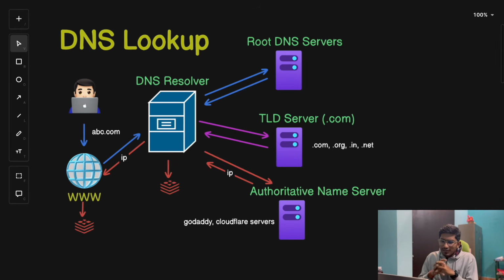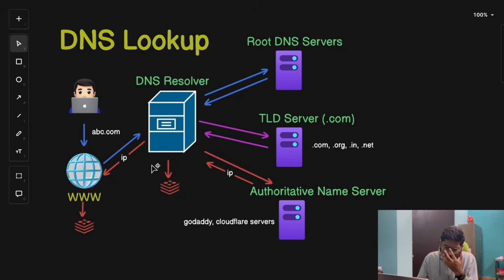To make DNS faster, caching is critical. Imagine asking the same question repeatedly, right? It's inefficient. So DNS caching stores the resolved IP address. Let's say once the entire process is done, the DNS resolver can store the IP address that you have got in its cache. It will store something like, for abc.com, the IP address is XYZ, right?